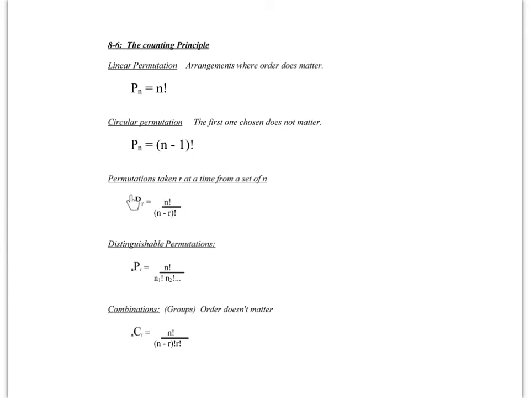Permutations, we already know this formula, it's n factorial over n minus r factorial. Distinguishable permutations, and I will explain this, but it's n factorial over n1 factorial, n2 factorial, etc. And the combinations we've already gone over. It's n factorial over n minus r factorial, r factorial.